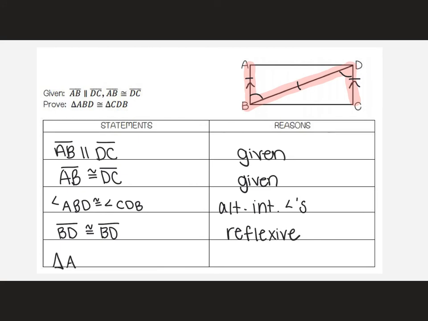We're trying to prove that triangle ABD is congruent to triangle CDB, and we've done that using one of our shortcuts. If you look, I've marked 2 sides and 1 angle. The angle is in between the 2 sides, so that's side, angle, side.